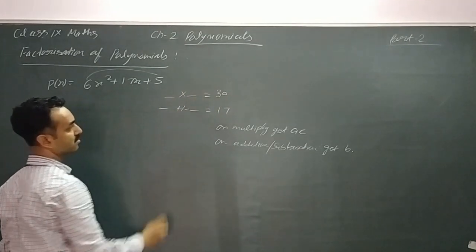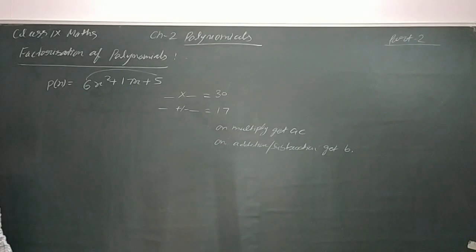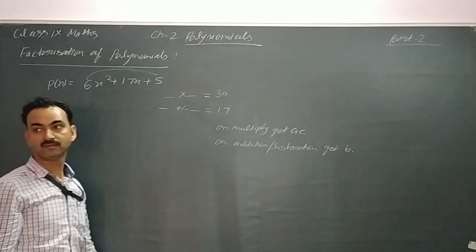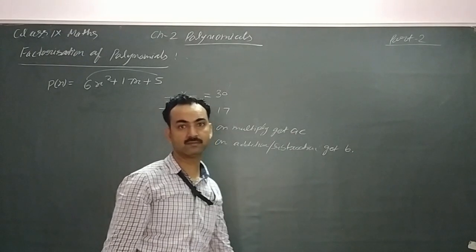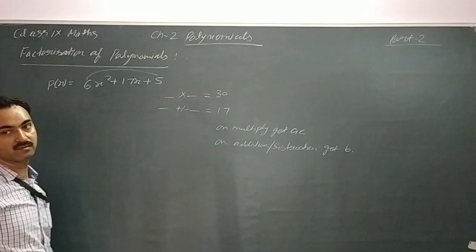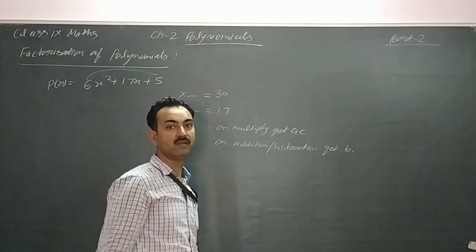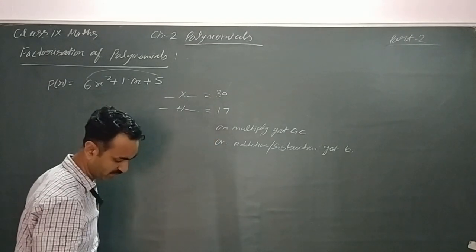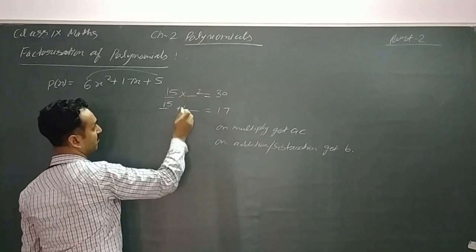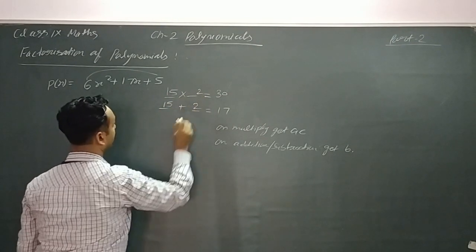Two numbers which multiply to 30: 6 times 5 is 30, not possible. 10 times 3 is 30, not possible. 15 times 2 is 30, and 15 plus 2 is 17.